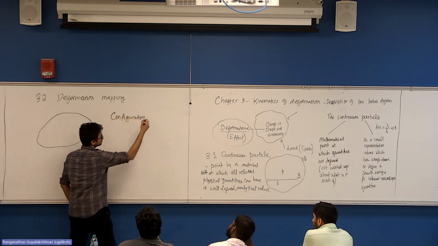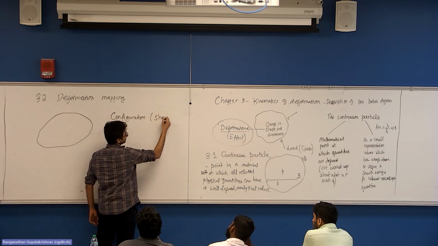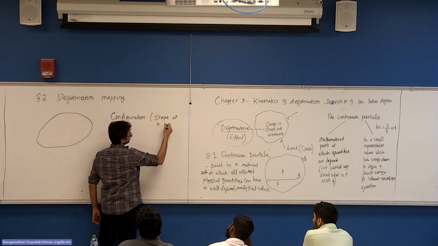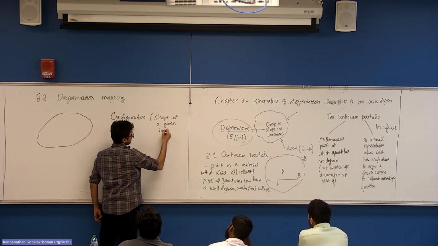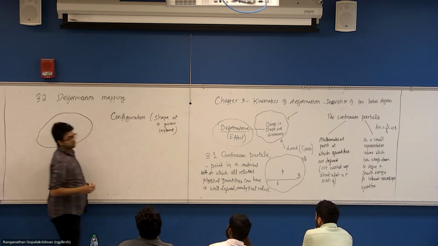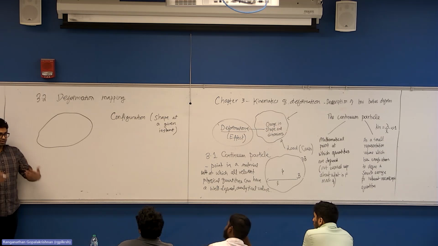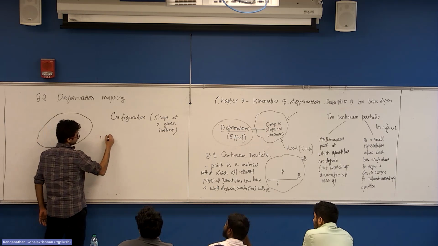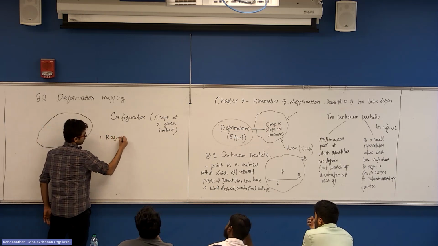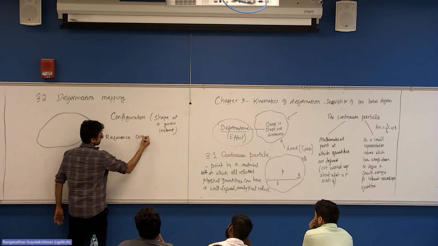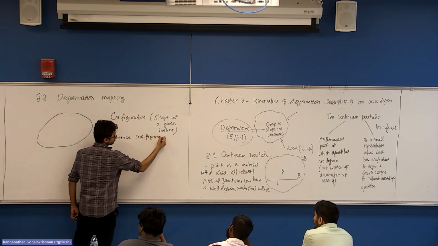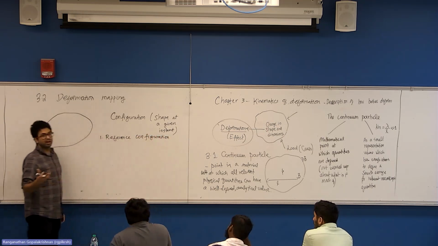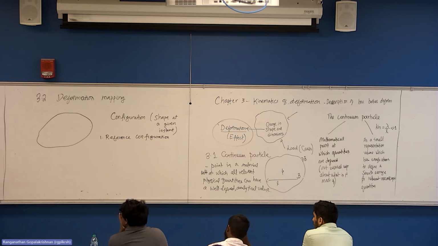What is configuration? It's basically the initial shape, or let's say shape at a given instant of time. And that configuration changes, that process is what we call deformation. So to describe deformation, you need two. You need at least one configuration which you want to call a reference configuration. And usually, what do we do in the lab when we do, suppose you're doing tensile testing, what is your reference usually?